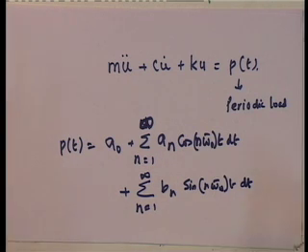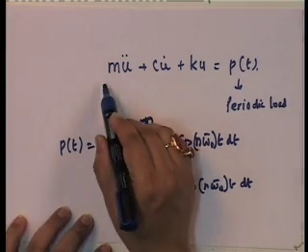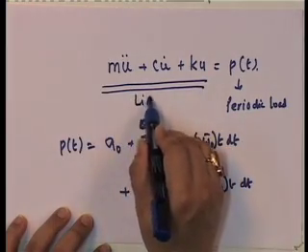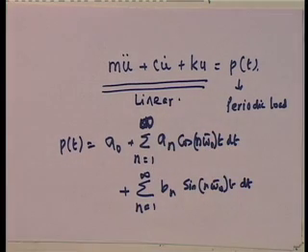This is P of t because it is periodic. We have already seen and we know how to calculate A0, An and Bn. Okay. So, now look at this system. This represents a linear system. It is linear. If it is linear, remember something, that the principle of superposition is valid.